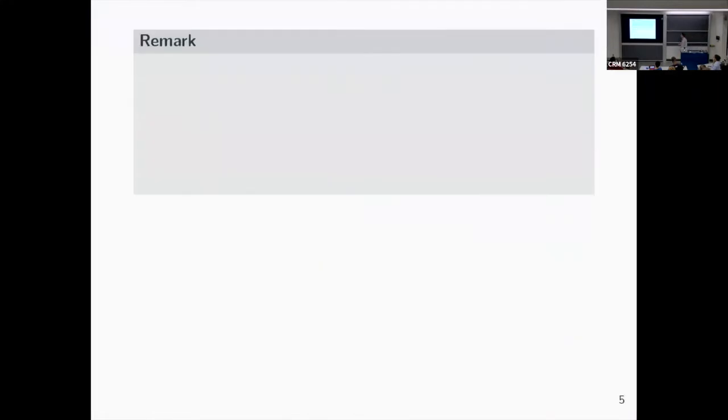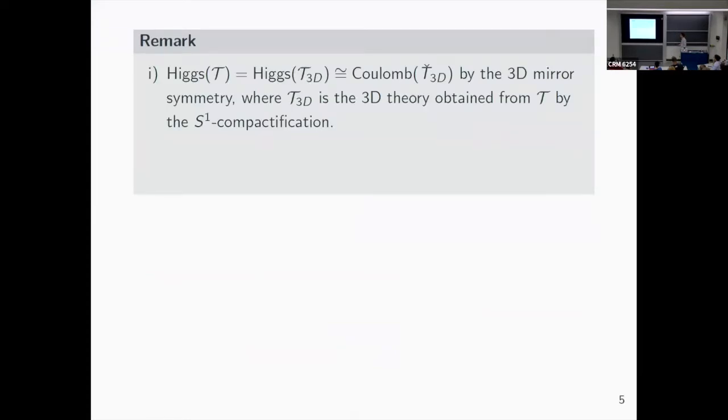Now, I should remark that starting from a 4D theory, you can construct a 3D theory by reducing dimension by 1, physically compactifying on S1, and then it's known that the Higgs branch remains the same. And if you go to the 3D theory, there's so-called 3D mirror symmetry, where you can identify a Higgs branch with a Coulomb branch of the corresponding mirror theory.